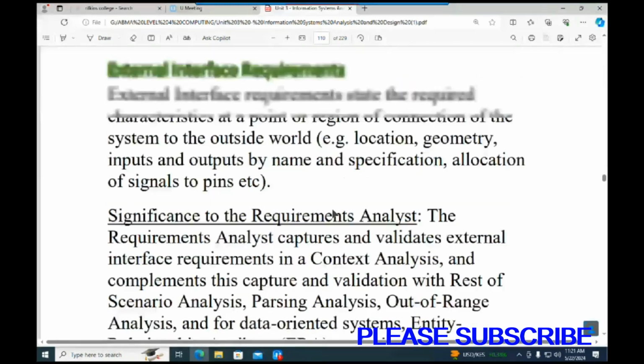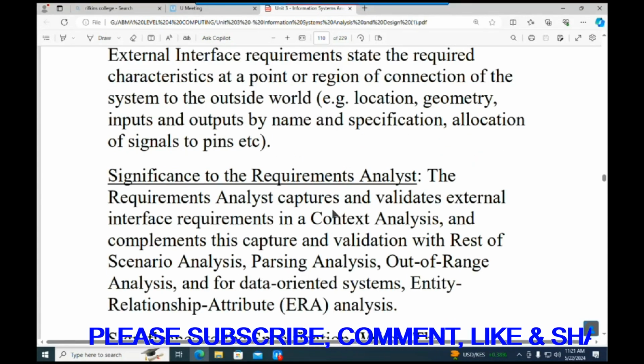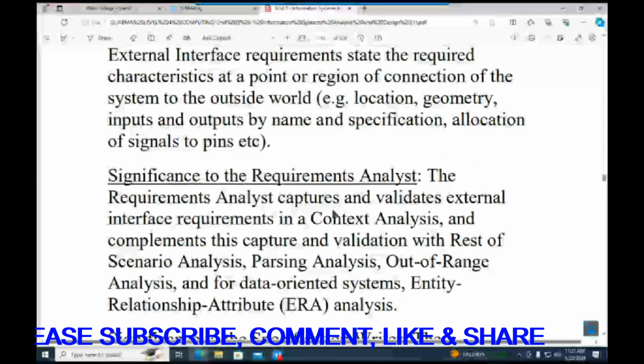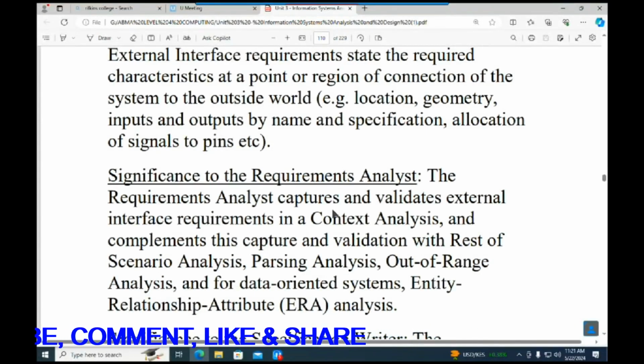Then we have the significance of these external interface requirements to the requirements analyst. So for us to understand that significance, we need to put ourselves at par with the fact that it is the work of the requirements analyst to capture and even validate the external interface requirements, bring them in a context analysis, okay?